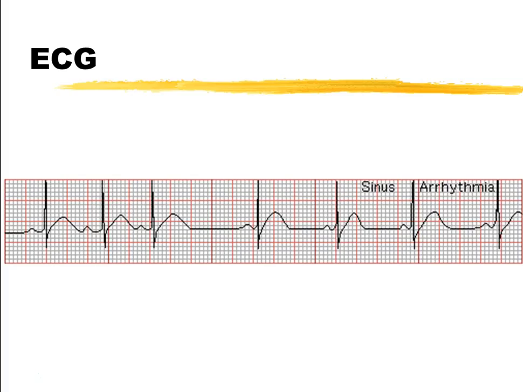Let me show you on this strip what I mean, so they're going to be irregular here. They're not going to be the same. So for whatever reason their SA node is not firing at a consistent rate. So it's just going to be a little bit funny pause. Now, when we get to another rhythm that is irregular, we're going to look at the P wave.